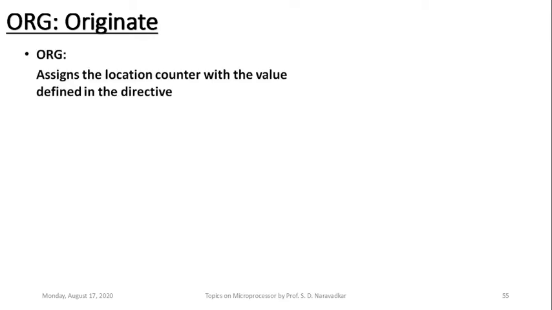Then the next is ORG, that is originate. It assigns the location counter the value defined in the directive. Basically the location counter is nothing but the instruction pointer itself, the dynamic value of the instruction counter at the time of execution, which is called the location counter here.